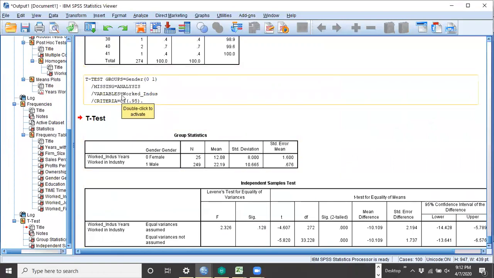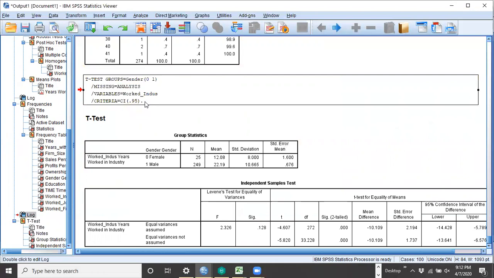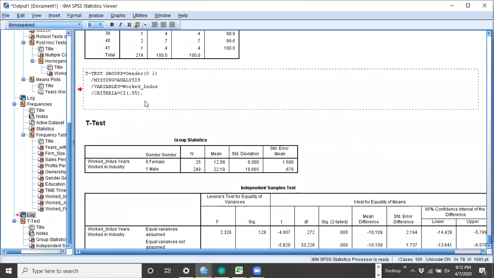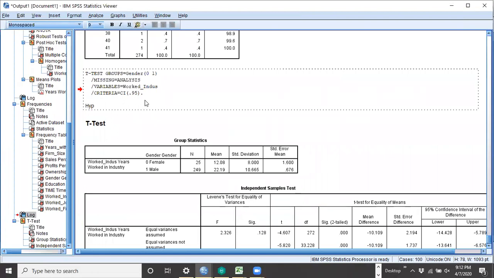So again, remember that we are testing, and I'm going to make a note here so you remember and I remember, we're testing the research hypothesis, or alternative research hypothesis, that there is a difference between males and females in terms of years working.